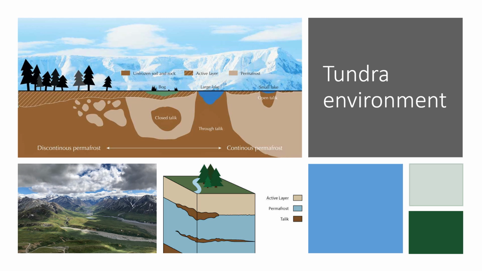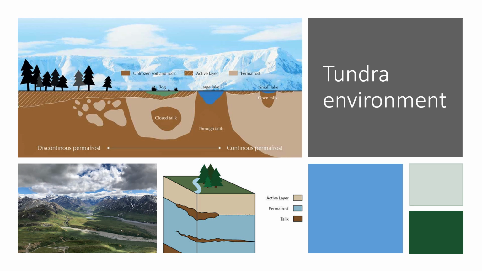Closer to the poles, we have continuous permafrost where the entire ground is frozen. Slightly further south, perhaps even further south than the Arctic Circle, we get areas of permafrost but also unfrozen ground, and that unfrozen ground is called talik, and we can see through talik and closed talik on the diagram. Then we get areas where we have predominance of talik and small areas of permafrost, and that's called discontinuous permafrost.